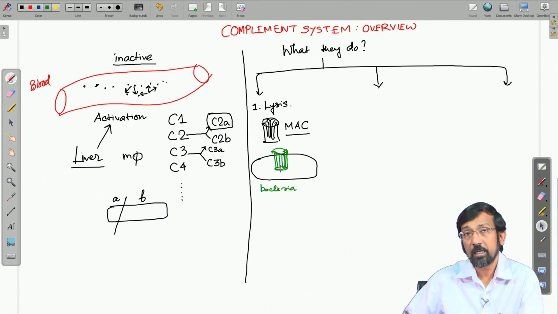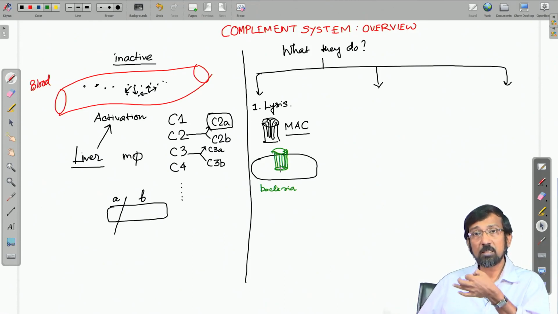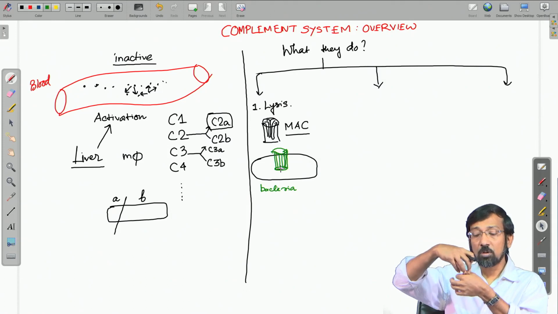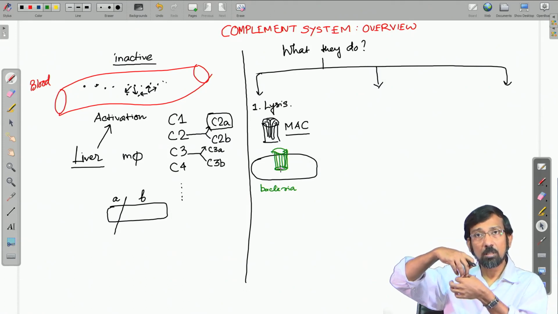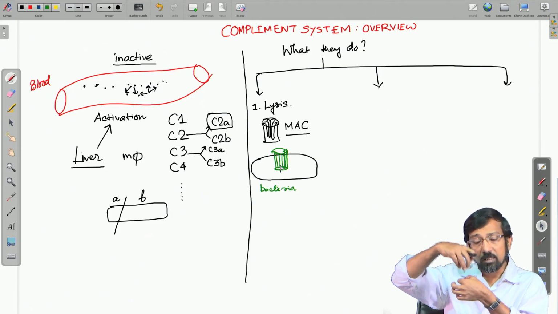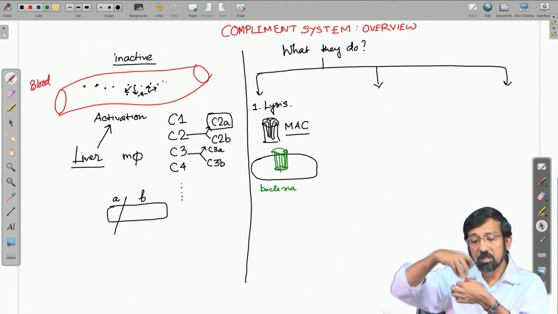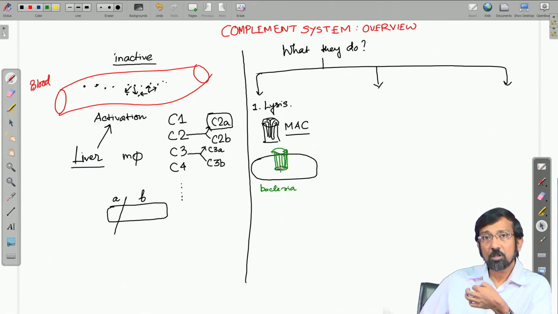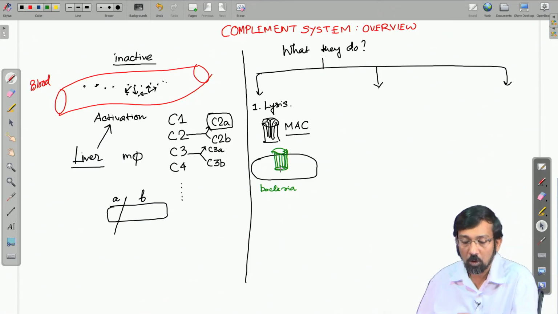It has a cylindrical structure like this, and it inserts into the cell membrane, leading to formation of a hole or pore on the membrane.